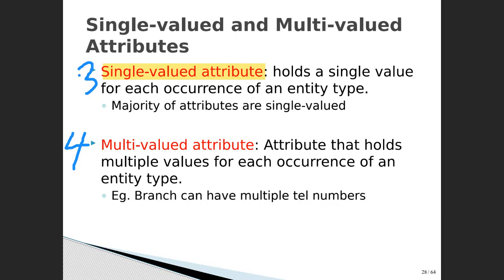What is the difference between simple and single value? Imagine this one, student ID. For example, address. The main one on the top will be only address. This is composite. Why?